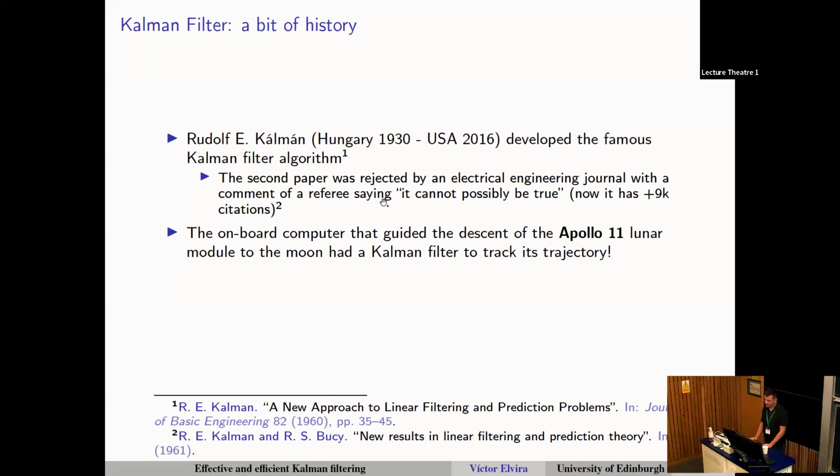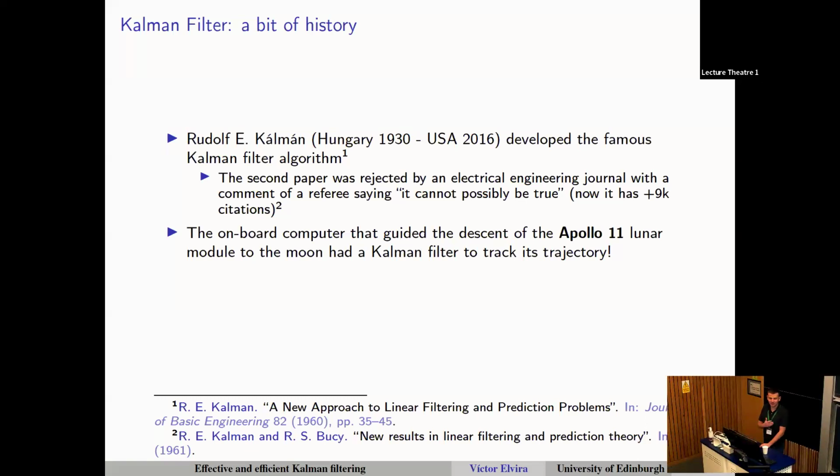I also like to tell this story to PhD students. The second paper of Kalman, this one here, was rejected. So first, be prepared to be rejected. I think that's useful to hear, and also to normalize.